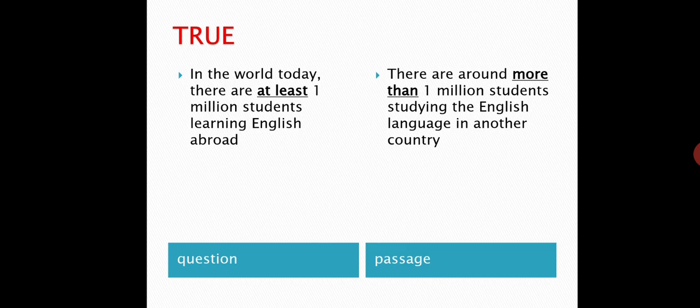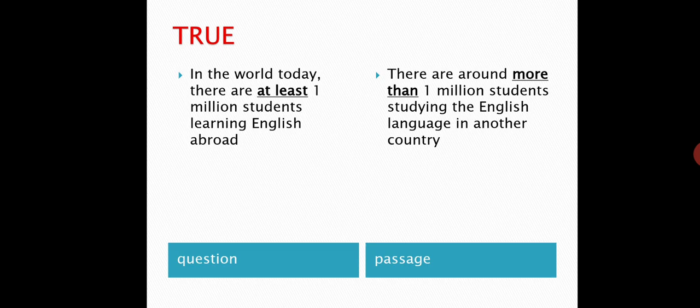Take note that most of the statements in the question which are true are actually a paraphrased version of the exact content of what you can see in the passage. So that is something that you should be aware of, that even though the words are jumbled, even though the words are replaced, still the context, the meaning, the details, the specifics are the same.